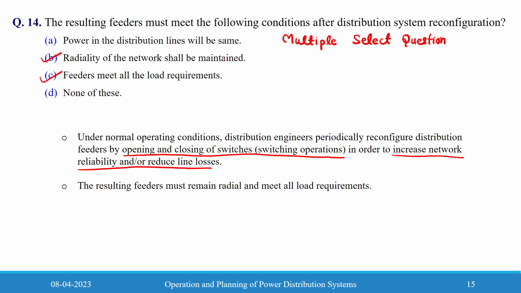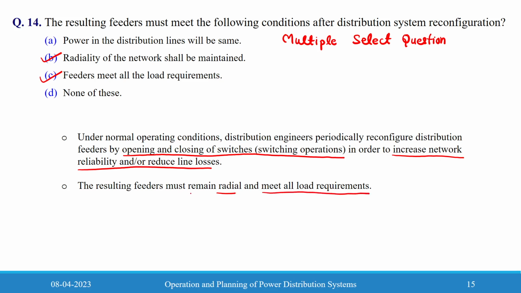In the maximum optimization problem, we have only two objective functions: either to increase the network reliability or to reduce the line losses. Increasing the network reliability means reducing the service interruption. After doing reconfiguration, the resulting feeders must remain radial and meet all the load requirements.